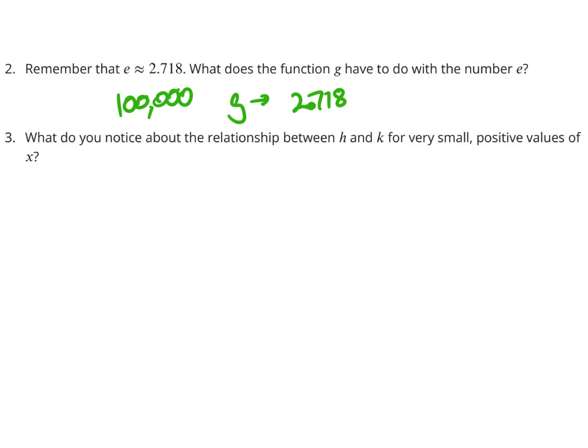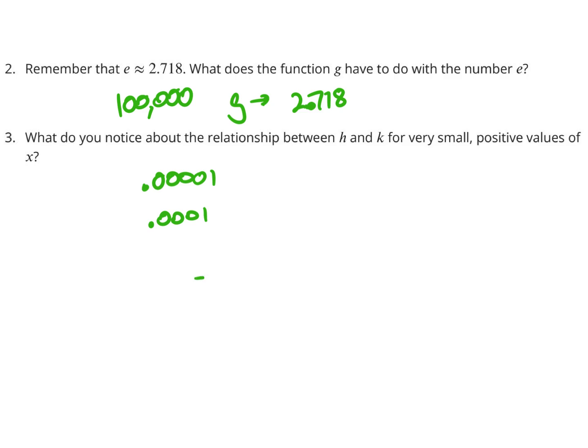So we'll want to notice the relationship between H and K for very small positive values of x. So for very small values, we're talking about like 10 thousandths, 100 thousandths, and small numbers like that. You will see that for H and K, the numbers are very, very small.